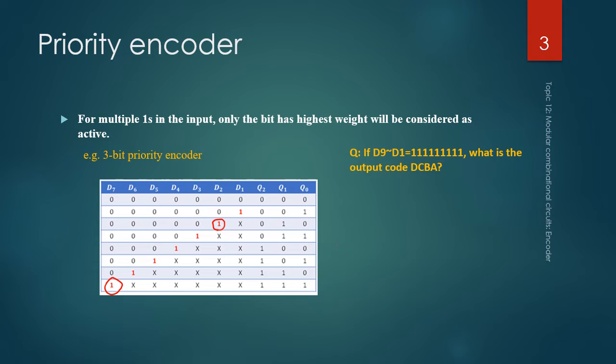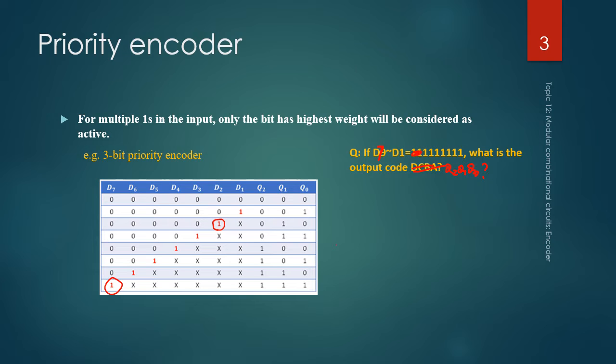To give you an example, sorry, this should be D7 to D1. So if D7 to D1 are all ones, I have 7 ones here. What is the output code in this case? Yeah, I copied from the wrong place. So what's the value of Q2, Q1, and Q0?